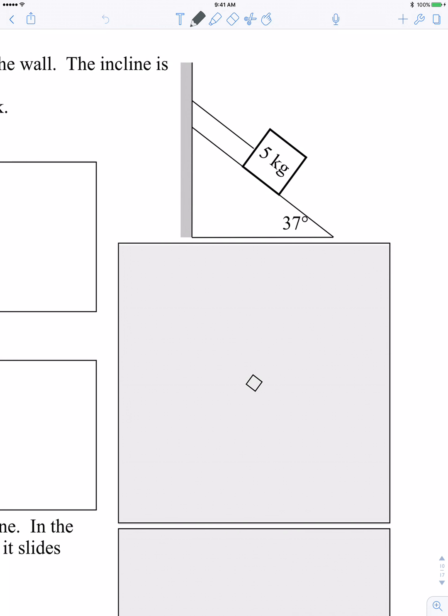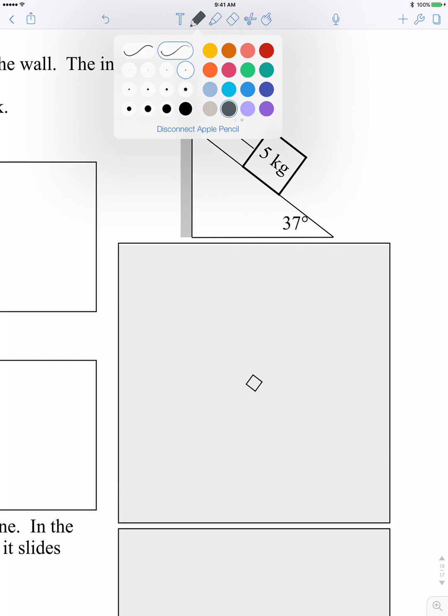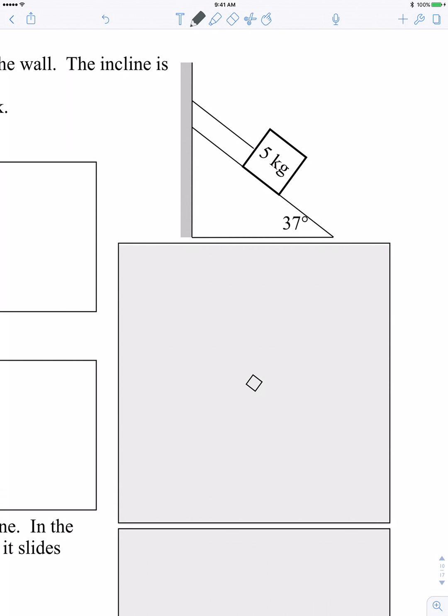In the free body diagram, we need to have our forces and our resolved components. Remember I said that you want to always orient your axes such that one of the axes points in the direction of the acceleration if the block was to move. Our potential acceleration is down the ramp, so our block would go like that.